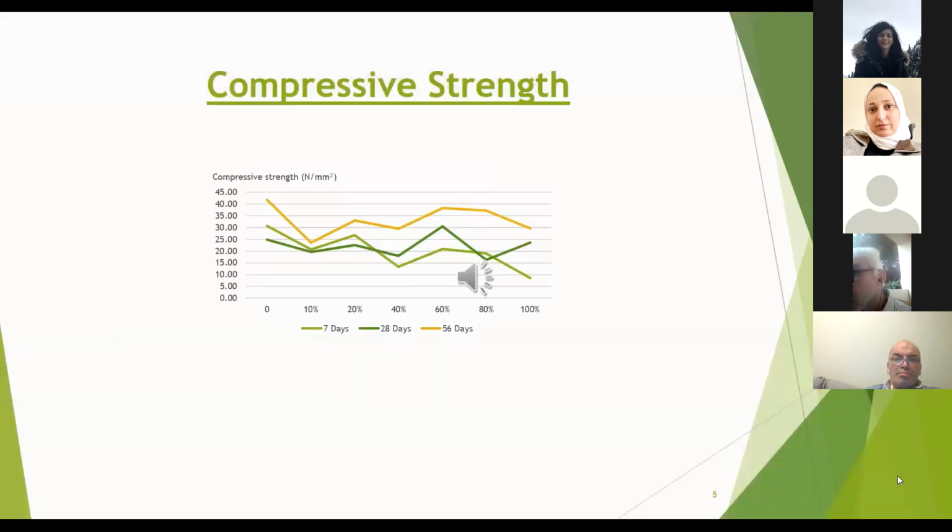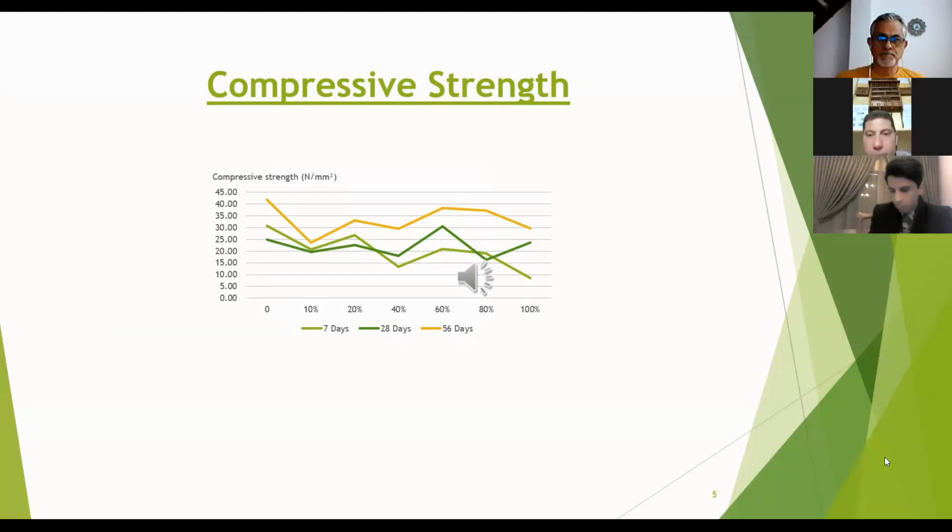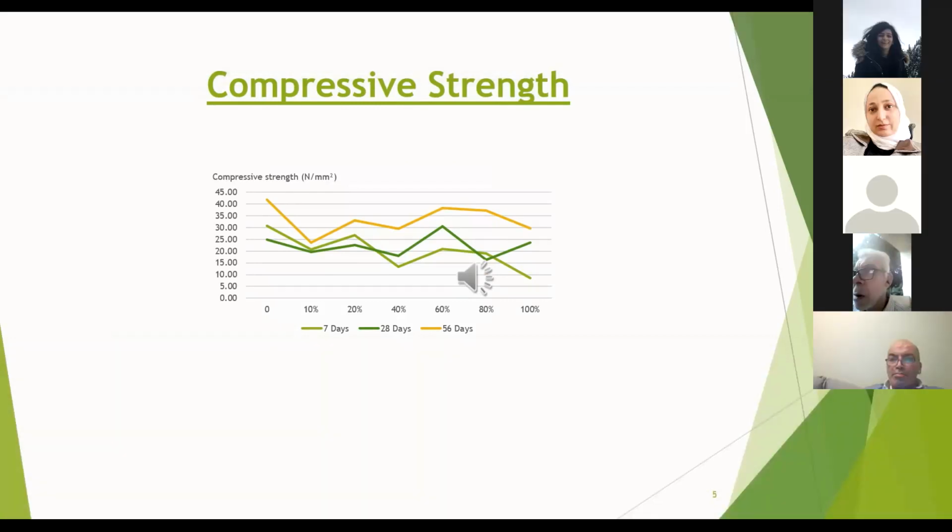This curve showed the relation between compressive strength and percentage of replacement of iron slag with fine aggregate: 0%, 10%, 20%, 40%, 60%, 80% and 100% for 7 days, 28 days, and 56 days.